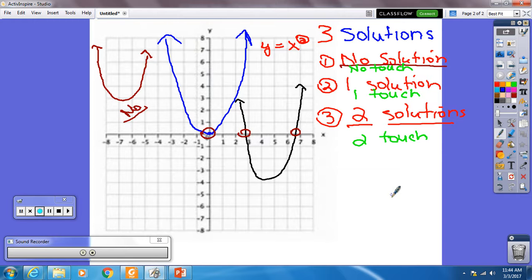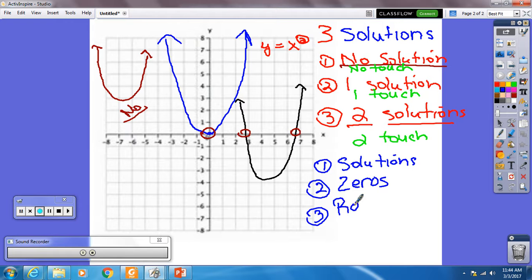Now, we're going to add some more vocabulary. Solutions. You're going to see this differently. They're going to ask you, how many solutions are on the graph? So you're going to hear solutions. Then you're going to hear a word that's called, what are the zeros of the function? And what are the roots of the function?